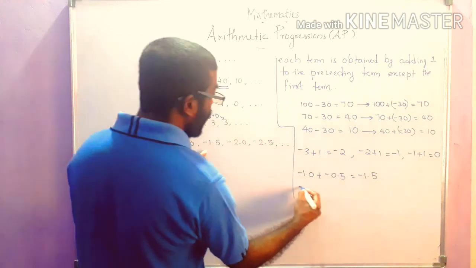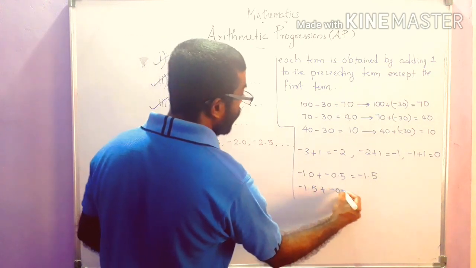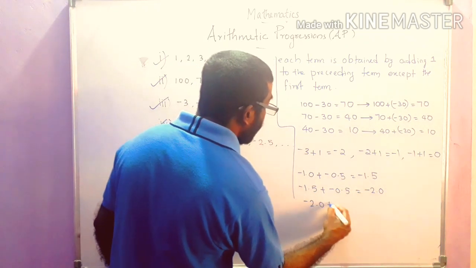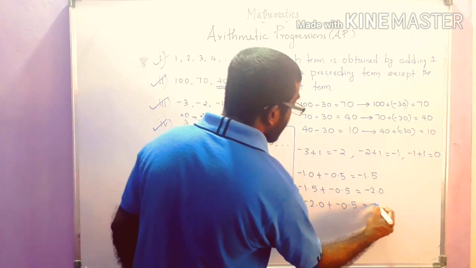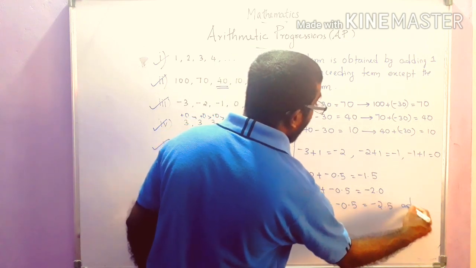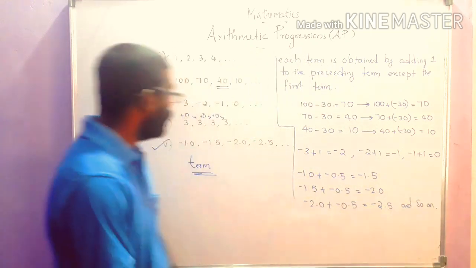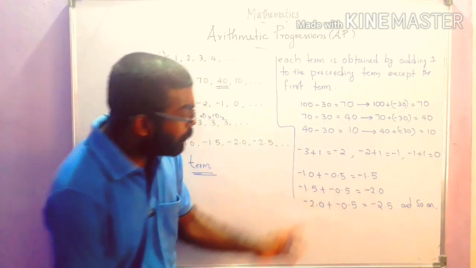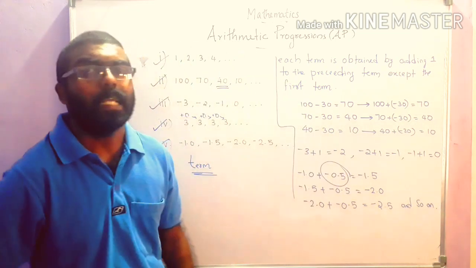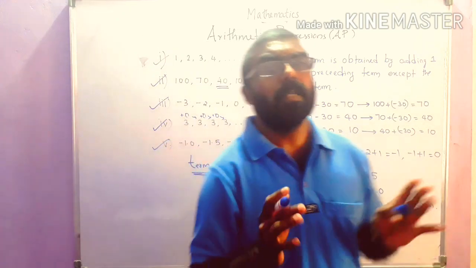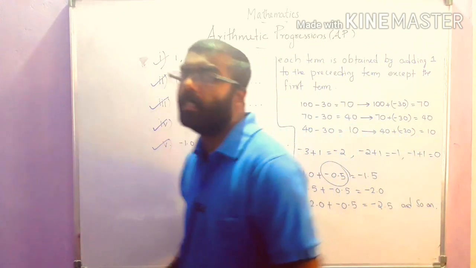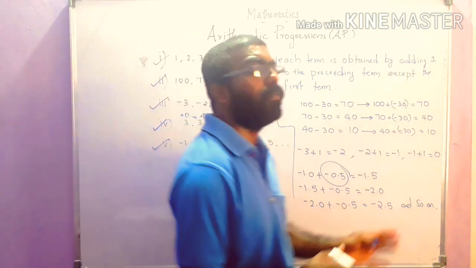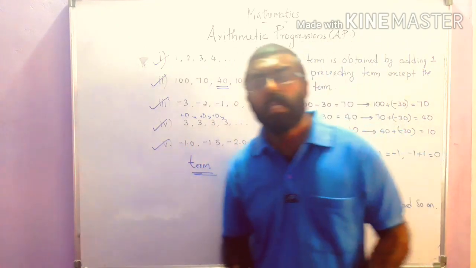Again the second term is minus 1.5, plus minus 0.5 gives minus 2.0. Minus 2.0 plus minus 0.5, we get minus 2.5, and so on. So here we conclude that in order to get the list of numbers, we add minus 0.5 to the preceding term, except the first term.